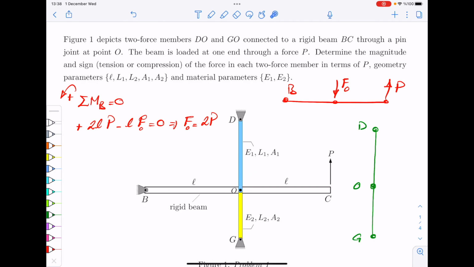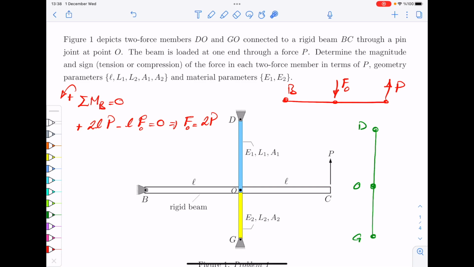Okay, so, all right, so if your force FO is downwards, 2P, that means in this system you would have its reaction. So you would have a force that is upwards, 2P, okay?